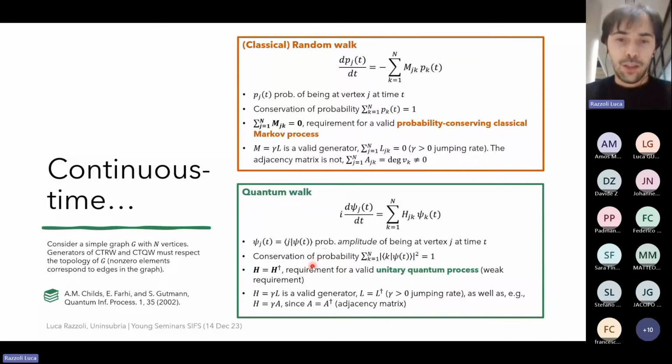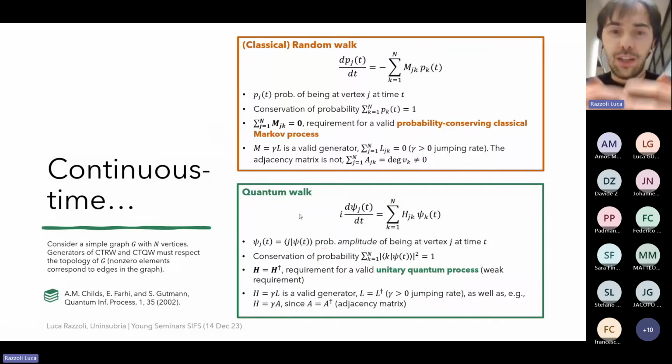The Laplacian matrix satisfies both these conditions, so it is useful when we want to compare classical and quantum walks in the continuous time model, but the adjacency matrix can only generate a quantum walk because it does not satisfy this condition. So in general, any Hermitian operator which respects the topology of the graph can generate a valid continuous time quantum walk.